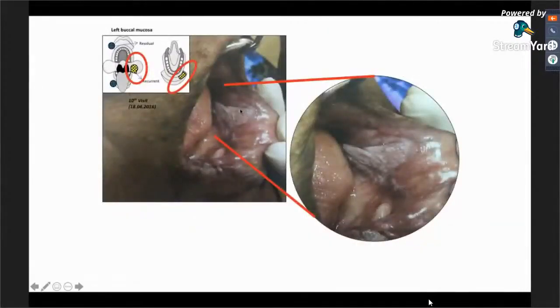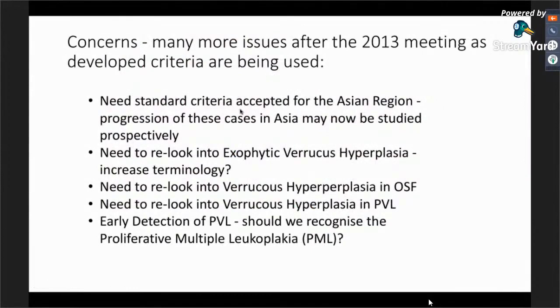So concerns: there are many more issues after the 2013 meeting as developed criteria are being used. We need standard criteria accepted for the Asian region. Progression of these cases in Asia may now be studied prospectively, or while wanting to develop something prospectively, we can still look into things retrospectively.